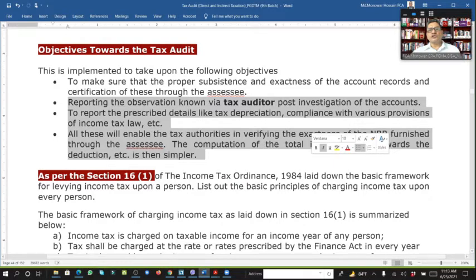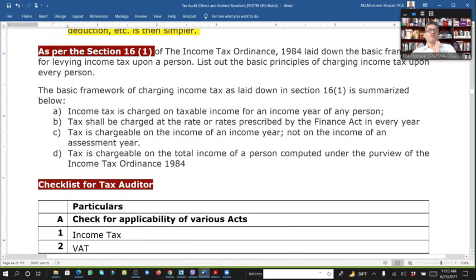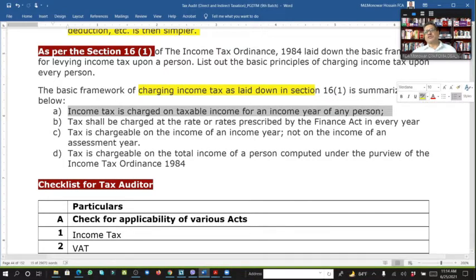So here we know that section 16(1) of the Income Tax Ordinance 1984 lays down the basics for levying income tax upon the person who will pay the tax. The basic charging framework underlying section 16 subsection 1 is that income tax is charged on the taxable income for an income year of any person.